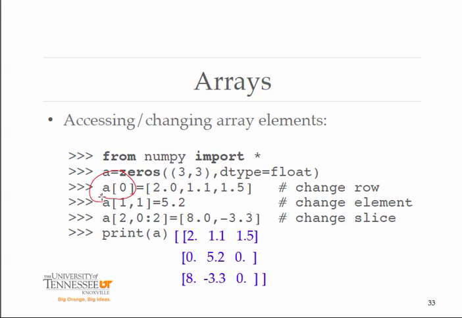Input to the array function was a list, and if you're going to modify a particular row of the 3 by 3 matrix, you actually specify it as a list. So this is a way of taking the list 2.0, 1.1, 1.5, and substituting it in for the first row of the 3 by 3 matrix A, which of course was all zeros.